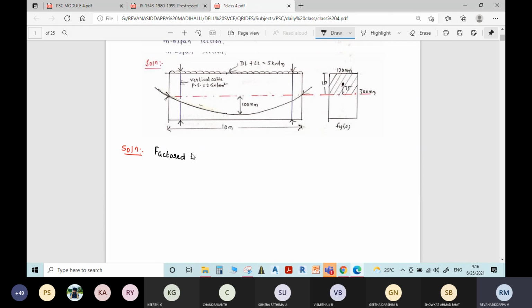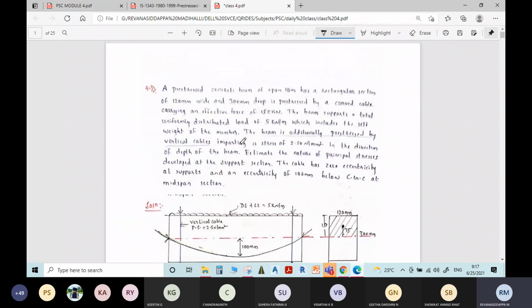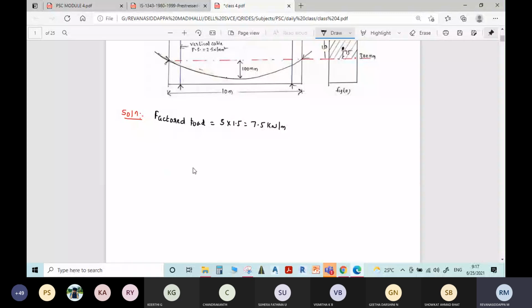Factored load will be equal to 5 kN per meter into 1.5, you will get 7.5 kN per meter. And pre-stressing force, you write, that is not mentioned.